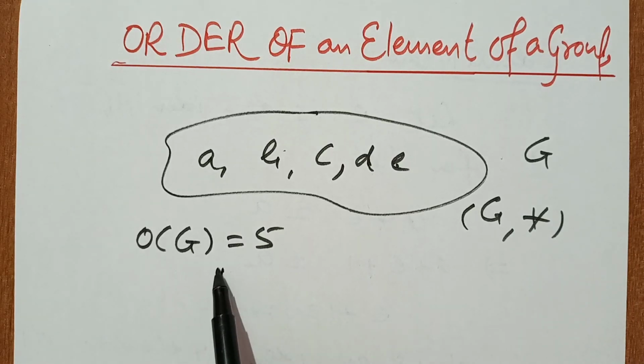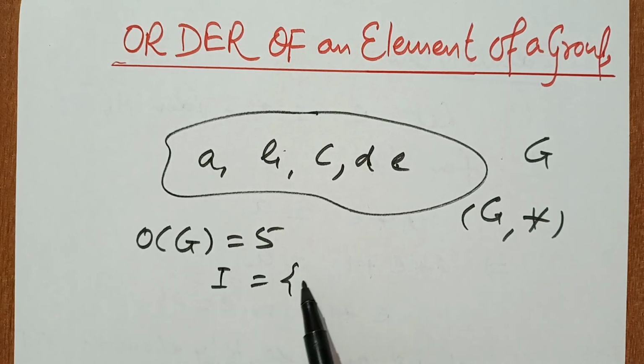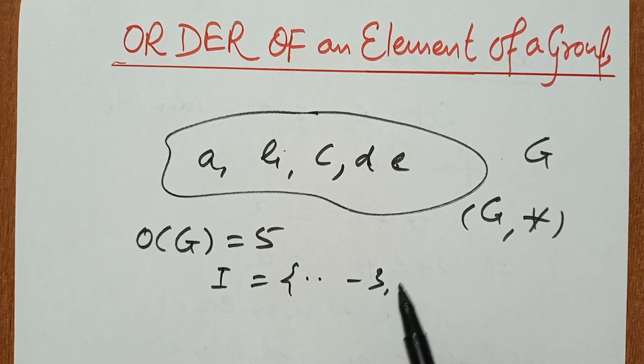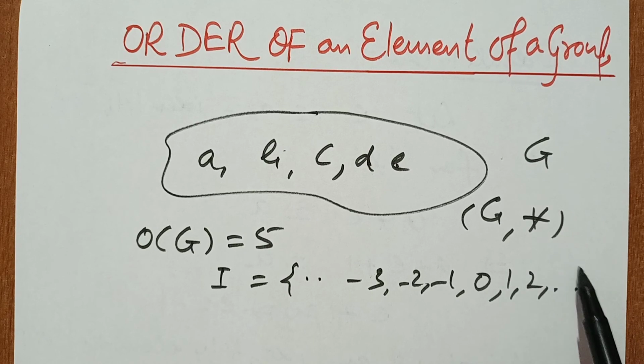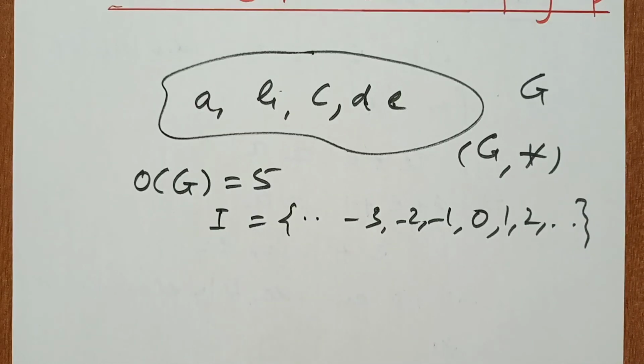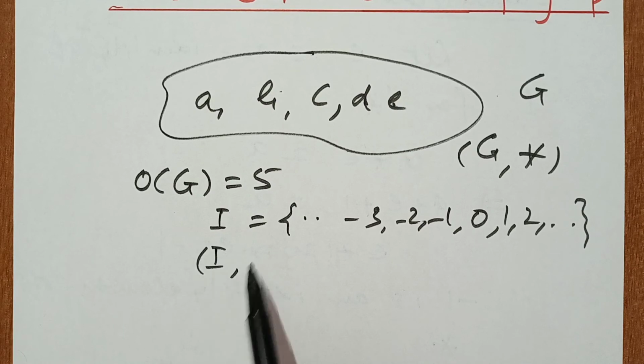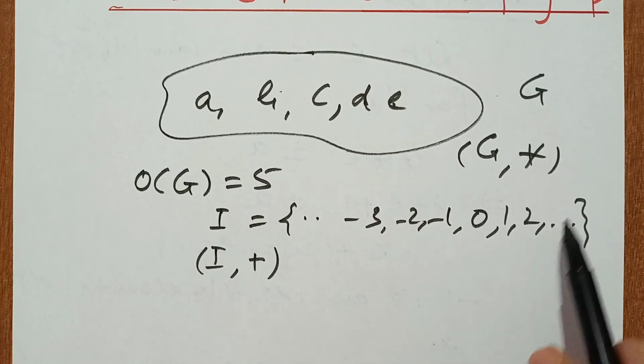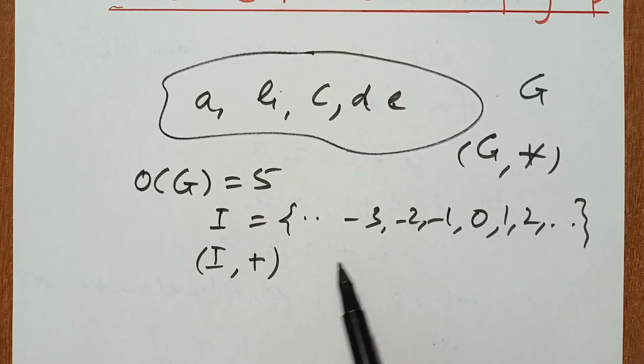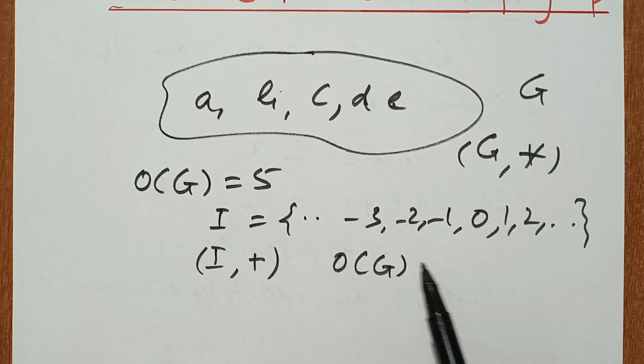If you have the set of integers, meaning -3, -2, -1, 0, 1, 2 and so on, this is also a group with respect to addition. So what is the order of this group? The order of this group I is infinite.